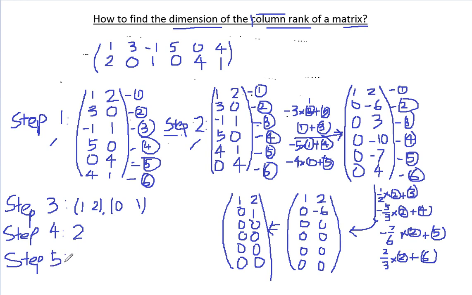So therefore, let's say this is our matrix A, the dimension of A, or the column rank of A, is therefore 2.